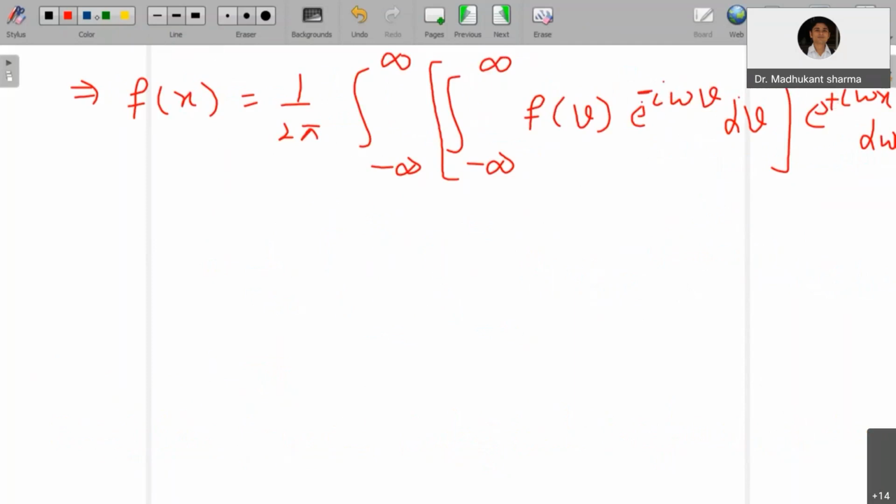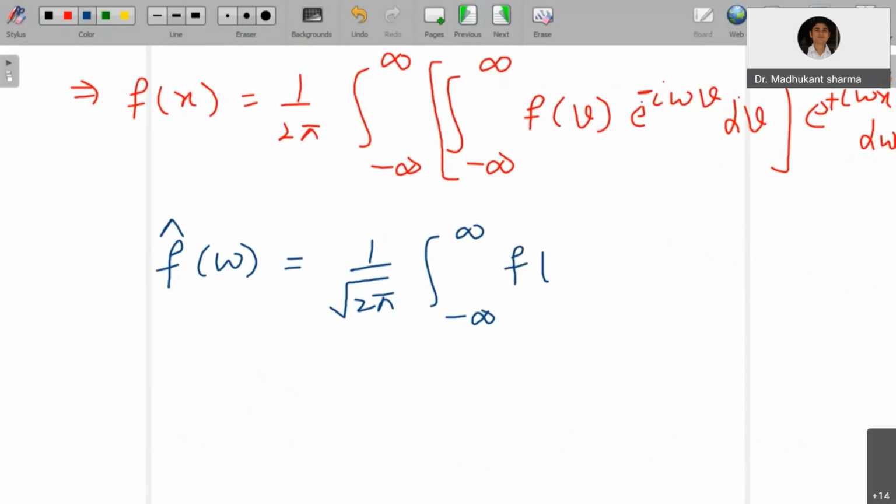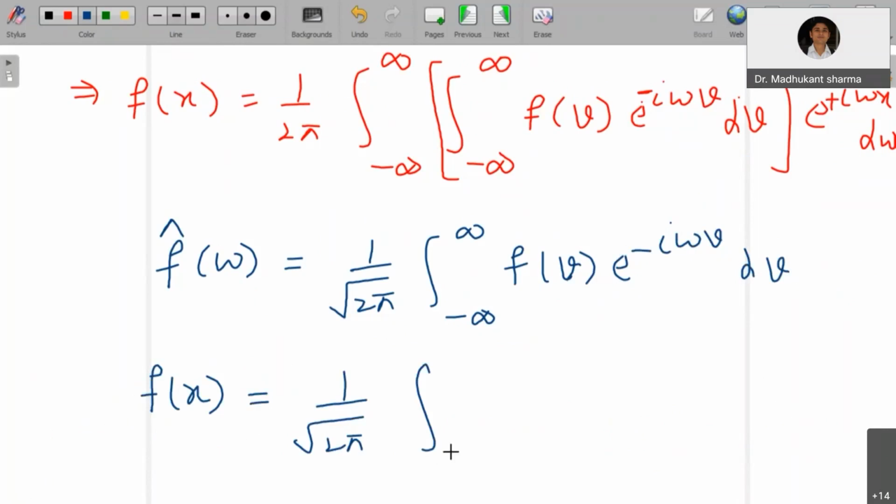Now this is f cap of w, which I am going to write as 1 upon square root of 2 pi integration from minus infinity to plus infinity of f of v times e to the power minus i w v dv. And then f of x is equal to 1 upon square root of 2 pi integration from minus infinity to plus infinity of f cap of w times e to the power i w x dw.